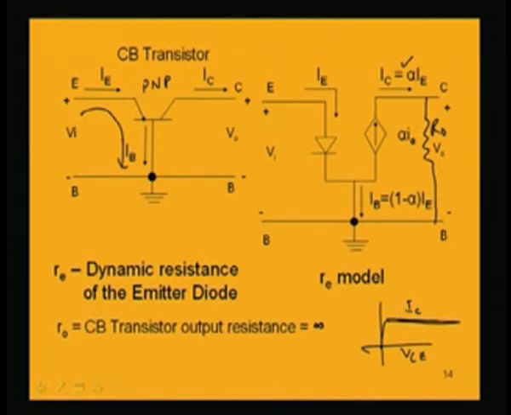So even if you change this collector to emitter voltage, the current is not going to change, and that fact is the reason why we have not shown R0, or it is almost like infinity. This R0 value is infinity. So, it is well equivalent to not showing, because if there is a part having infinite resistance, obviously there will not be any current flowing in that resistance.